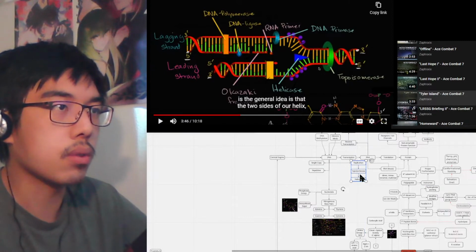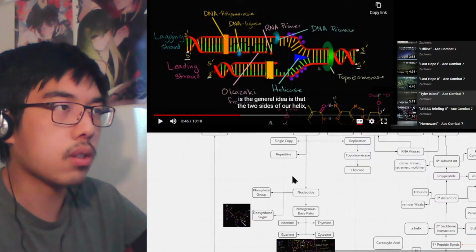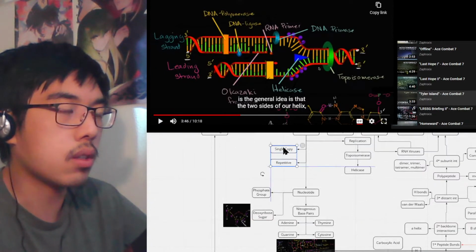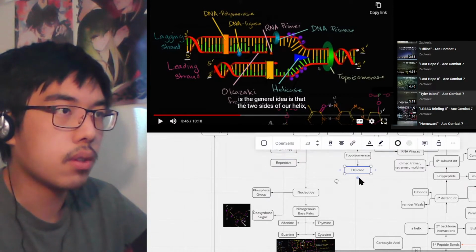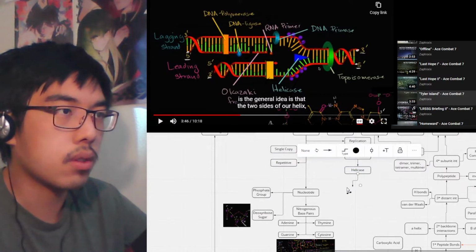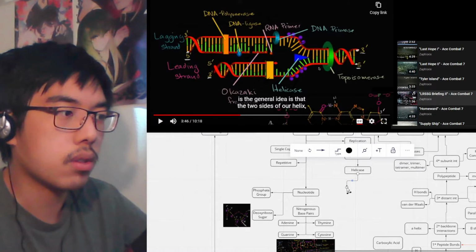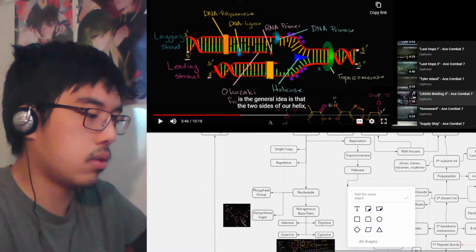Okay, so off of the helicase, we know that there's a leading and a lagging strand. Okay, so leading strand.